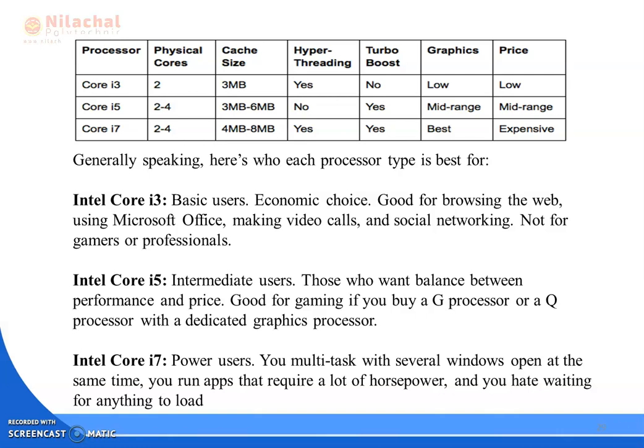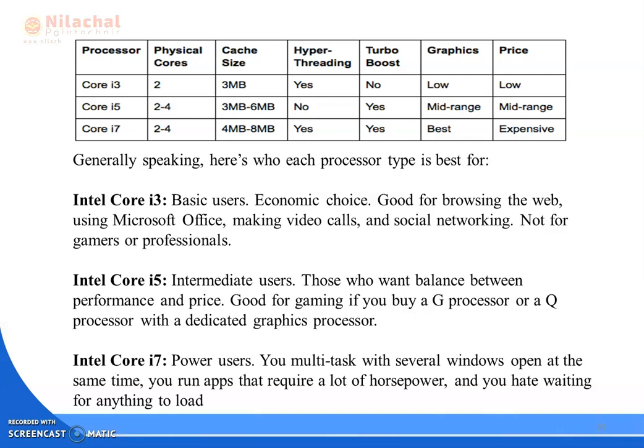It is good for browsing the web, using Microsoft Office, making video calls and social networking. But if we are looking for better graphics or better gaming performance, we can go for the Intel Core i5 processor. It is a mid-range graphics processor.